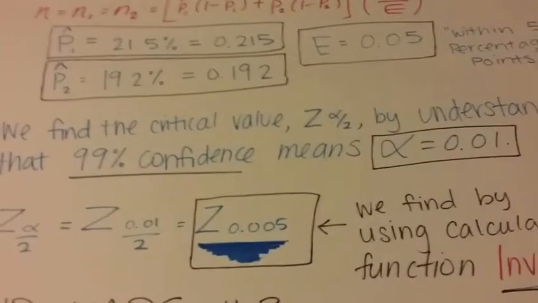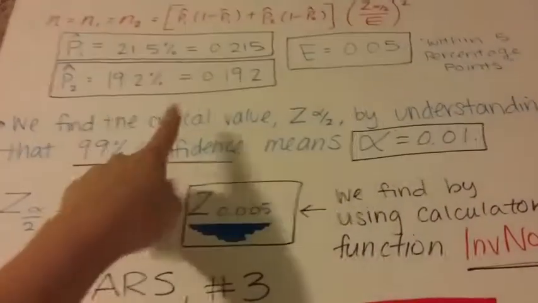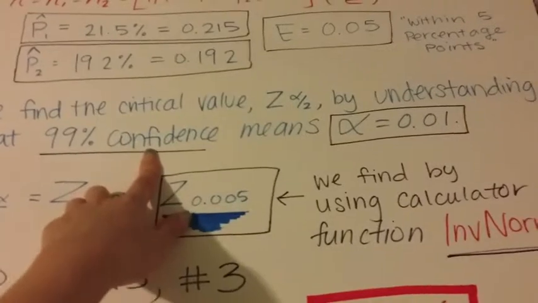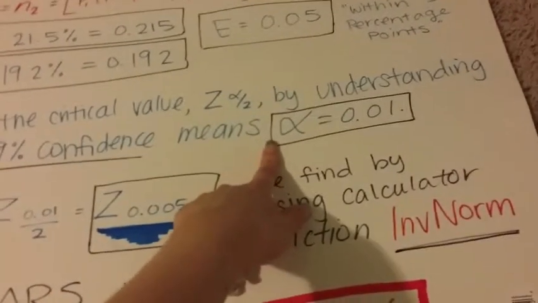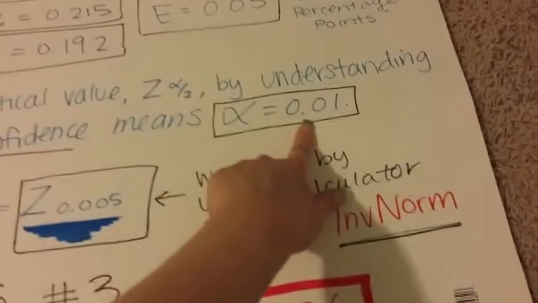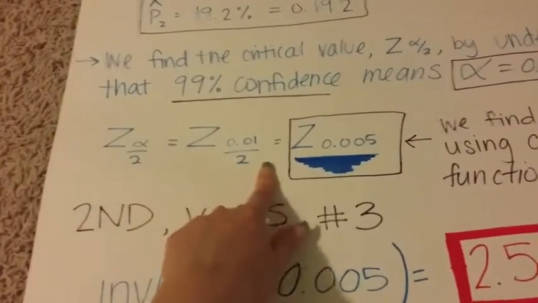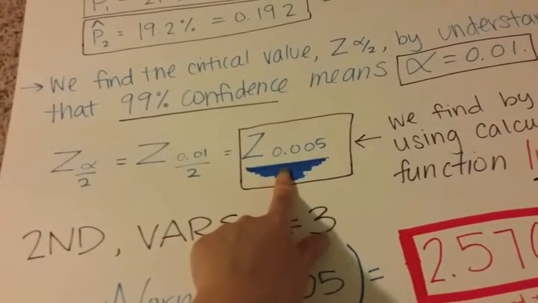We find this by noting that the problem says there's a 99% confidence. So that means that how unconfident we are, or alpha, is going to be 0.01. So we plug that into this right here, and what we get is Z sub 0.005.